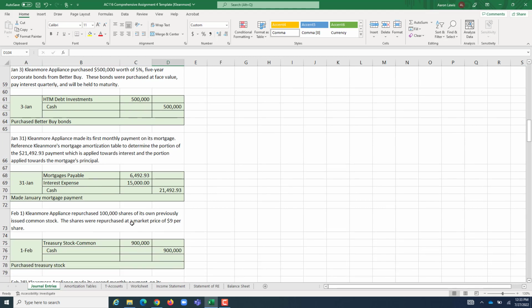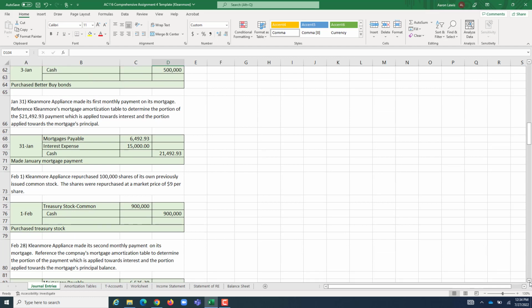We repurchased 100,000 shares of our own stock, which means those shares were no longer in the hands of our shareholders. From our two issuances in the beginning of January, there was 1 million shares in the hands of our shareholders. We just bought back 100,000 of them. So after we made this repurchase, there was 900,000 shares of our common stock outstanding.